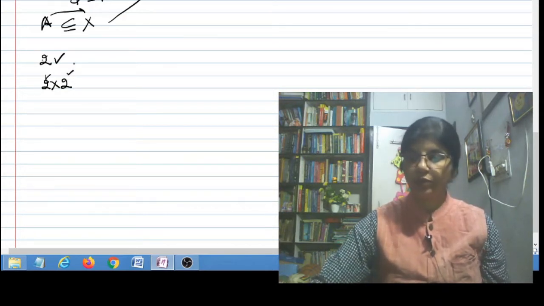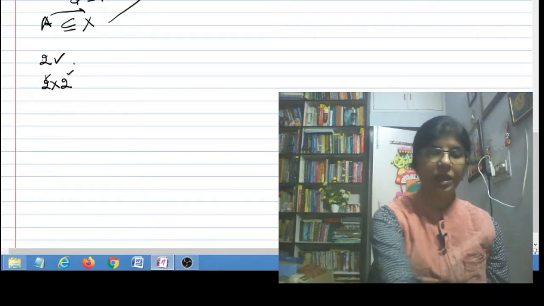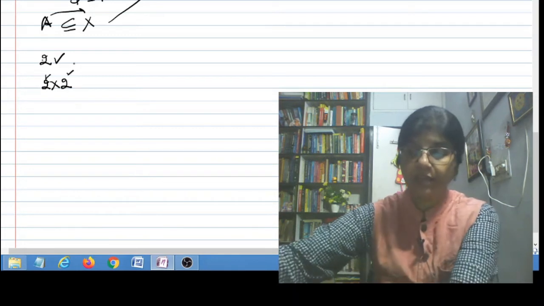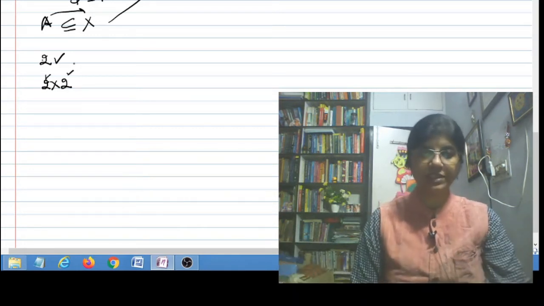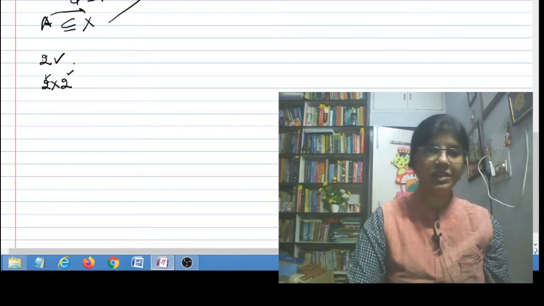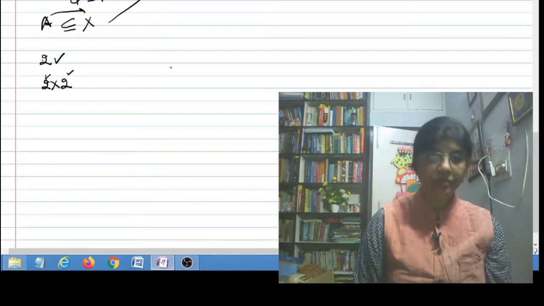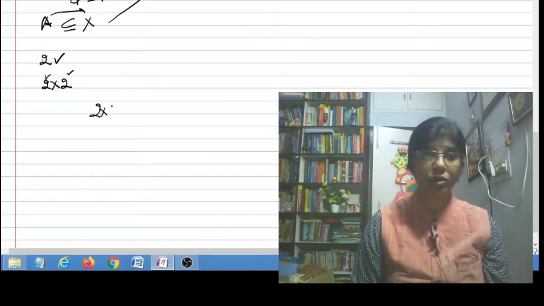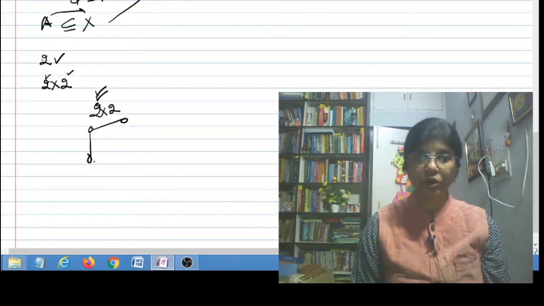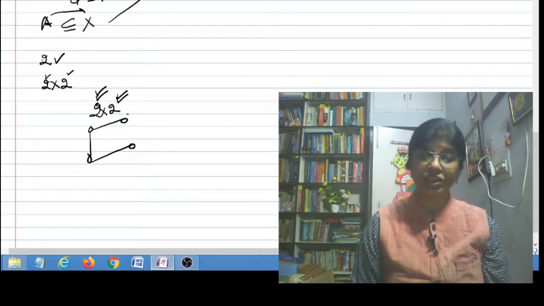When you are drawing the Hasse diagram for a product poset, the method is that if you want to draw the Hasse diagram for 2 cross 2, you take this chain of two elements, and at every vertex of this chain you place a copy of this poset, which is again a chain of two elements.